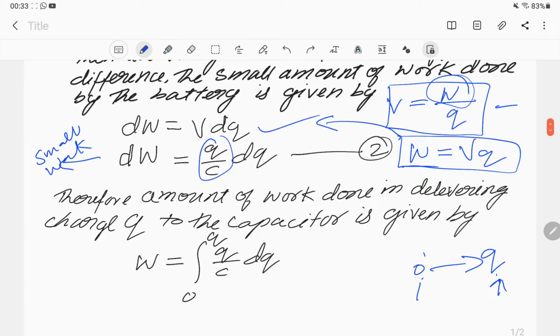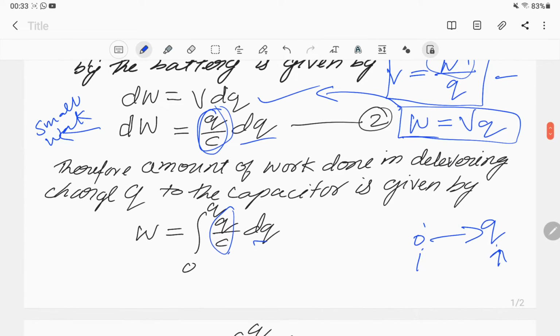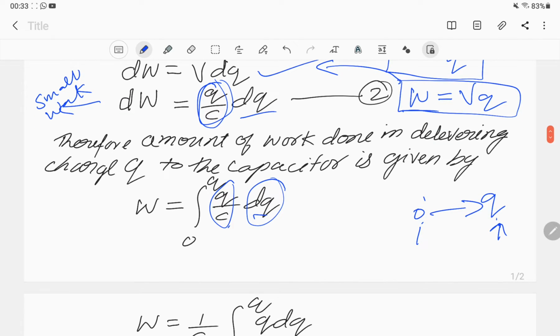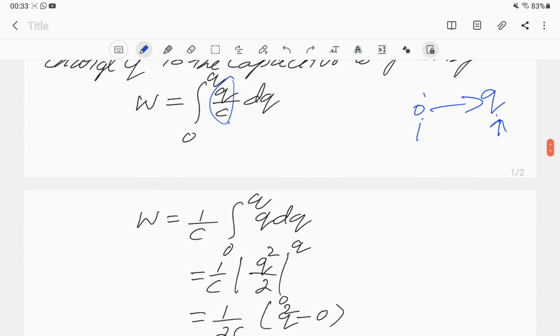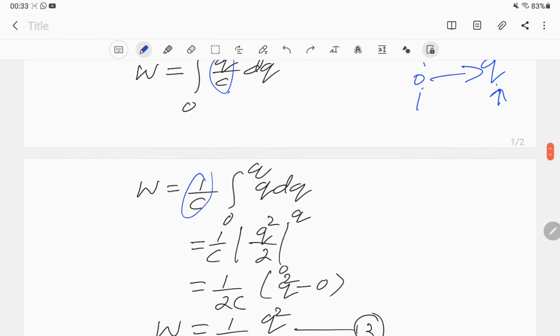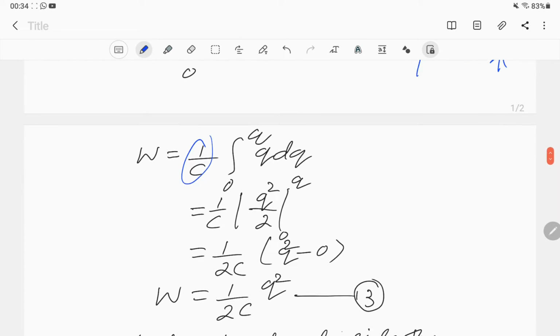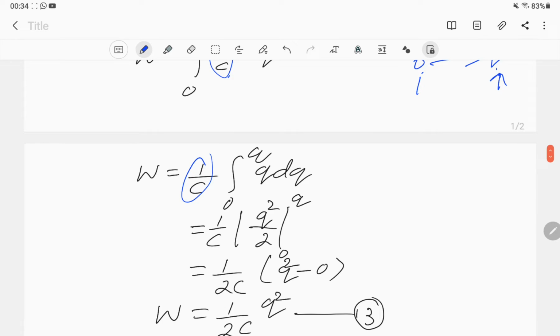Now q by C, dq. Here integration is with respect to dq, that means q. This C is constant, so we can take C outside. So 1 by C integration 0 to q, q dq. Now what is the integration of q dq?